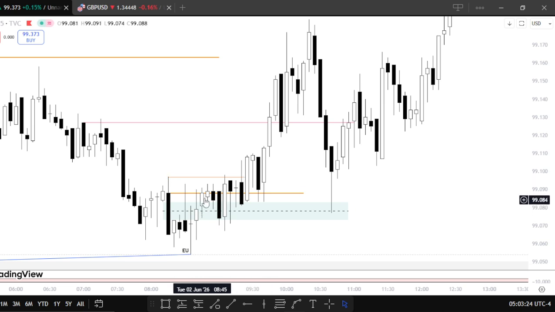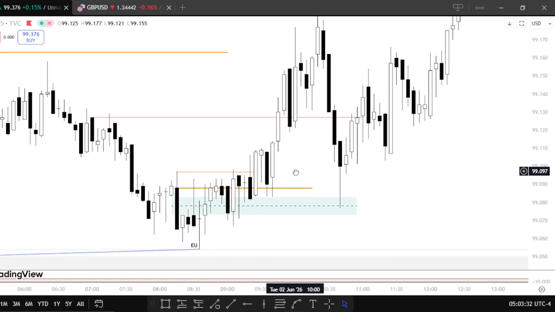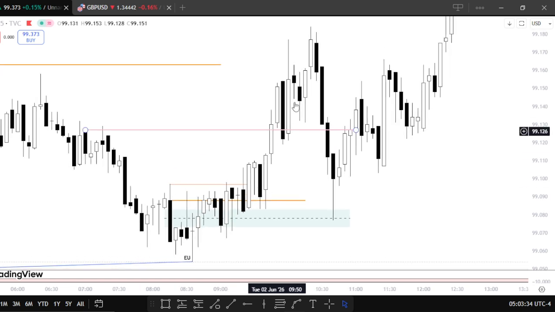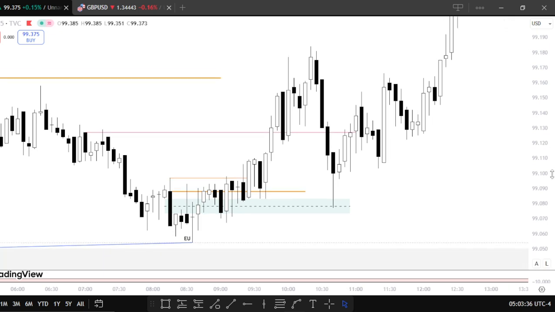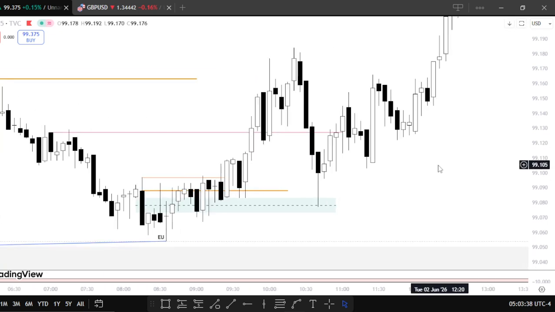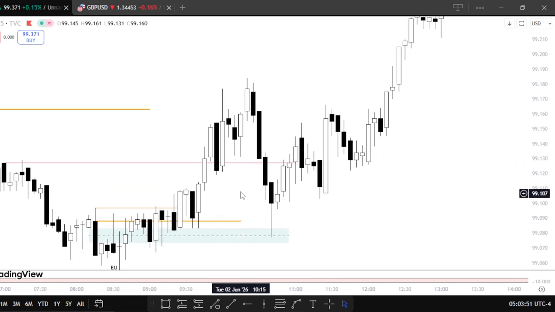I use that because we were chopping around, so I use that for more confirmation that we are going so much higher, so I can keep the short trades in the other assets, or close them and take another for tomorrow. So that was the confirmation that I should hold my trades.